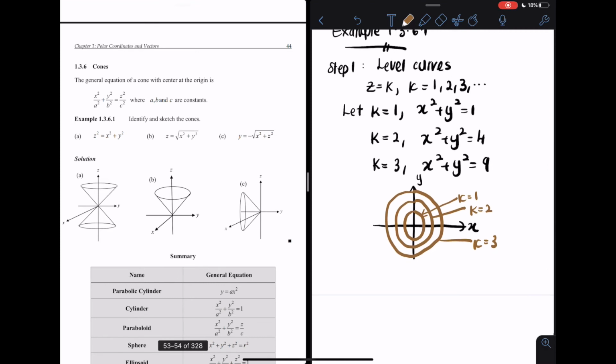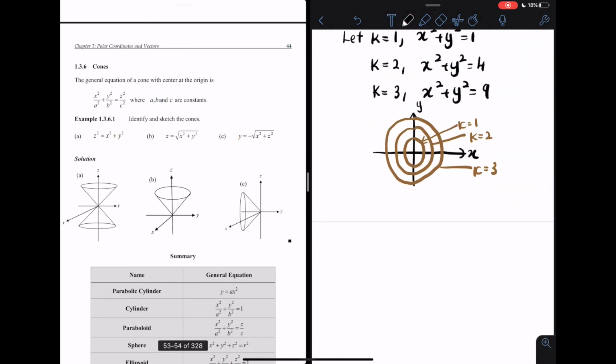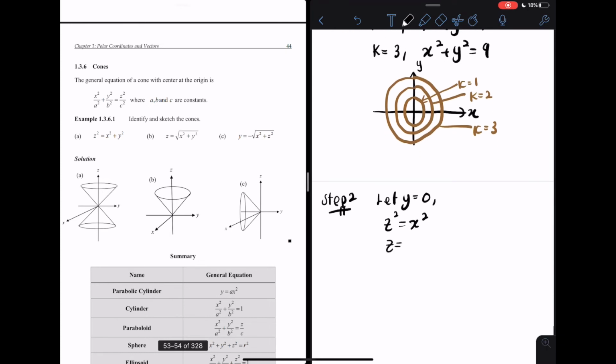So let us proceed with step number 2. You have to let y equal to 0. For this case, z squared is equal to x squared and z is equal to x. According to what we have learned from topic 1.1, you have to sketch these two axes, z versus x, and then you will end up having a straight line.